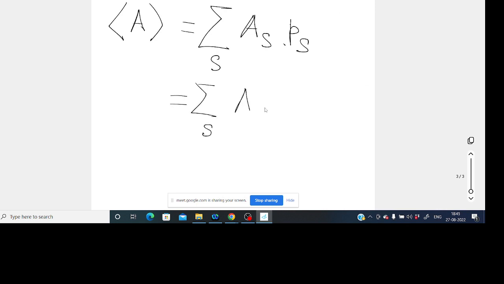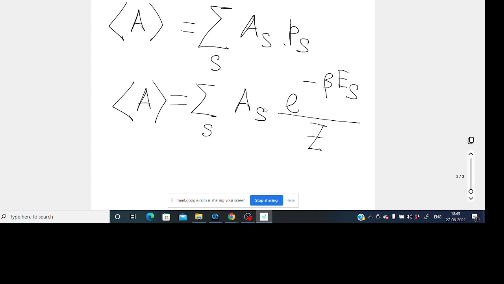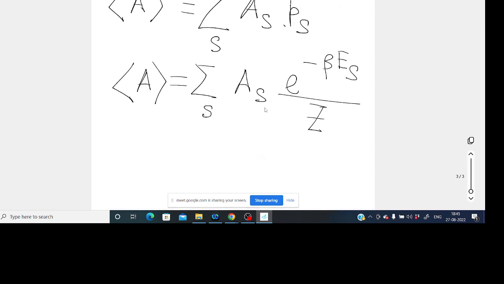And for canonical ensemble we know that Ps equal to e to the power minus beta Es by Z. So this is the ensemble average of this quantity A. So the average internal energy will be equal to this.